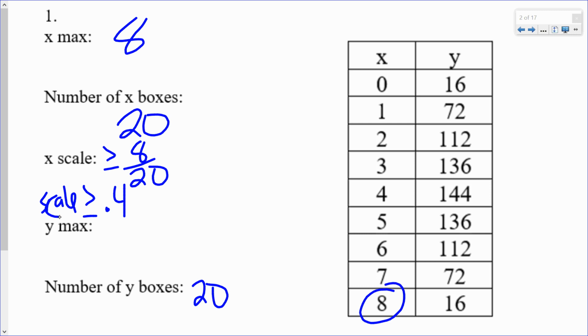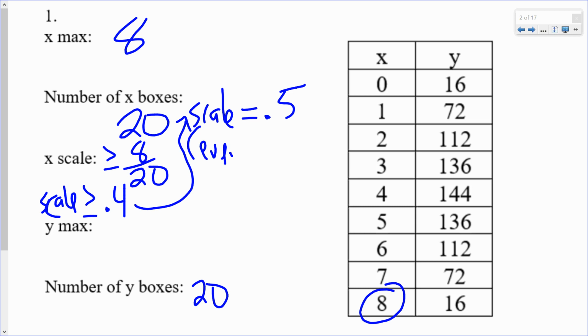So in this case, it's pretty obvious to me what I'm going to do. I'm going to make the scale 0.5, because 0.5 is every other box. That's going to be a very easy scale to work with. It's very close to 0.4, so for me, it's a no-brainer there.